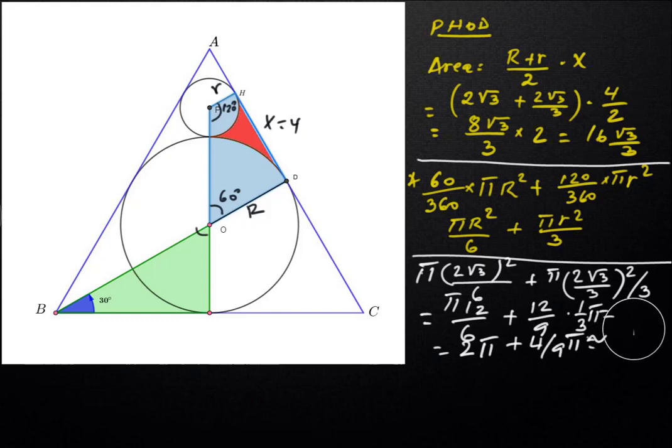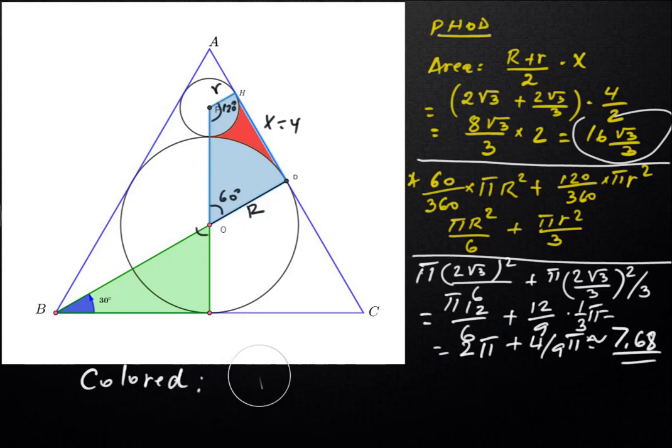You can find that the value is 7.68 roughly. Since we have that, we subtract it from the area of our trapezoid, and we conclude that our colored area is 16 square root of 3 over 3 minus 7.68.